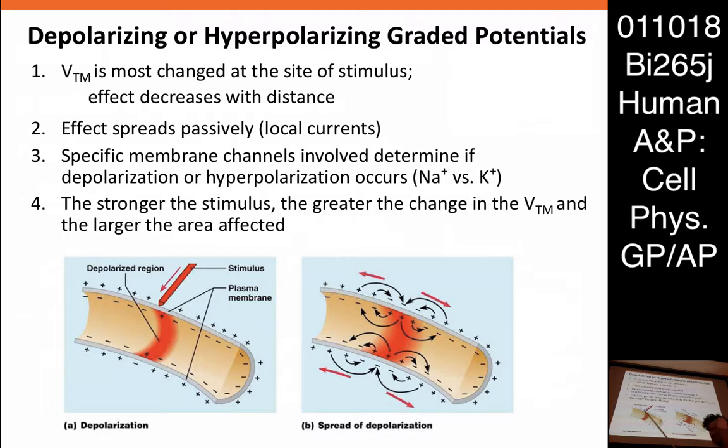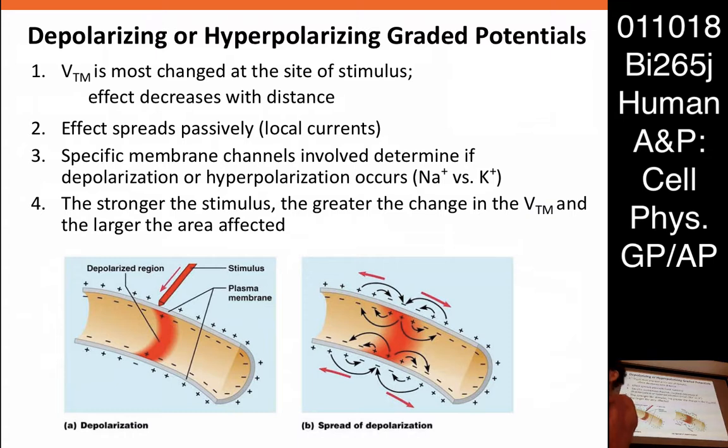The transmembrane potential is changed most at the site of stimulus, and the effect is going to spread passively due to these local currents. So you're going to stimulate it here, and it's going to spread out passively. The stronger the stimulus, the greater the change in the transmembrane potential.